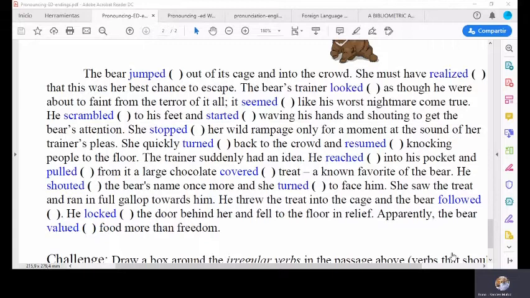He reached into his pocket and pulled from it a large chocolate-covered treat, a known favorite of the bear. He shouted the bear's name once more, and she turned to face him. She saw the treat and ran in full gallop towards him.